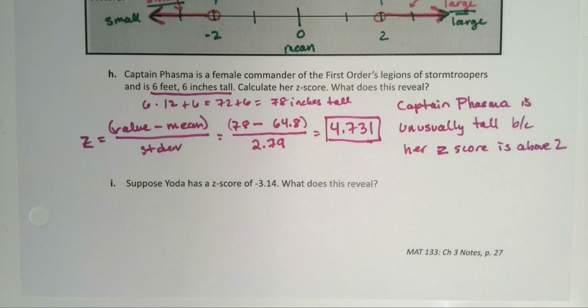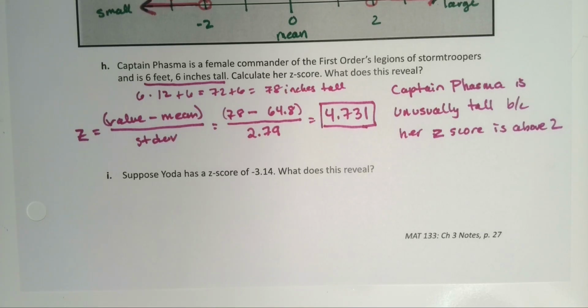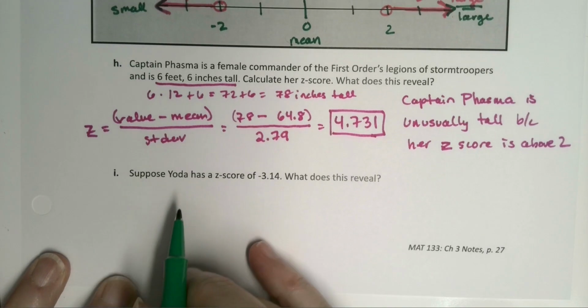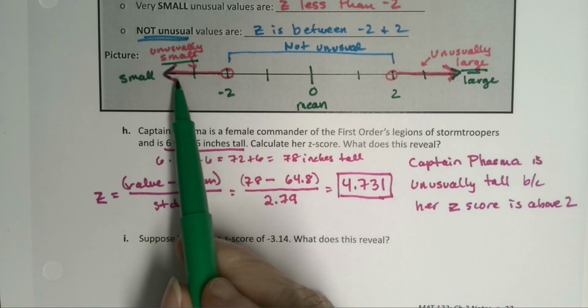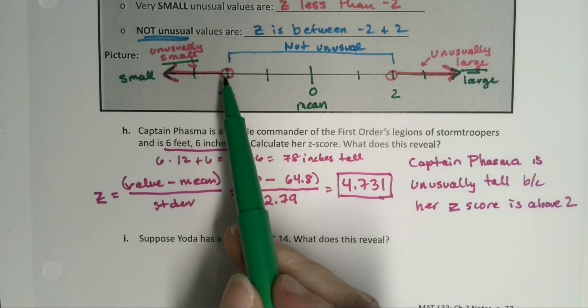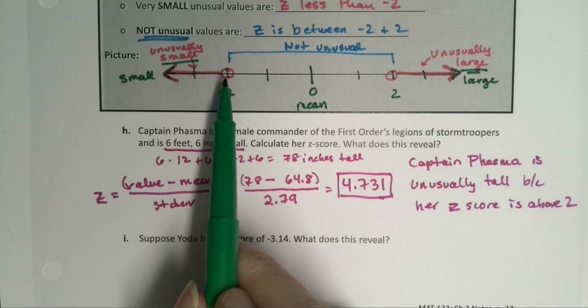Now suppose I tell you that Yoda has a z-score of negative 3.14. What would that reveal about Yoda? Well, that would mean that Yoda is unusually short because he's over here. Anything past negative 2, so from negative 2 onward, but not including negative 2 itself.